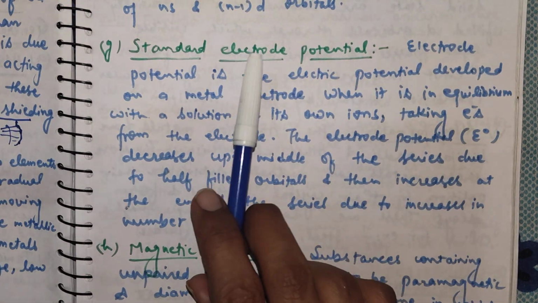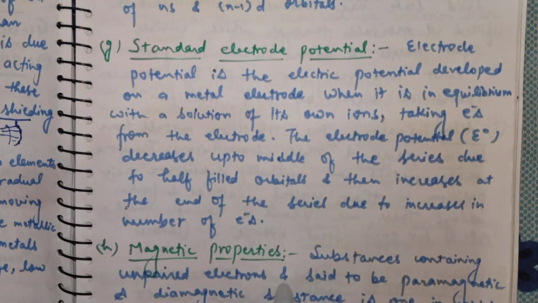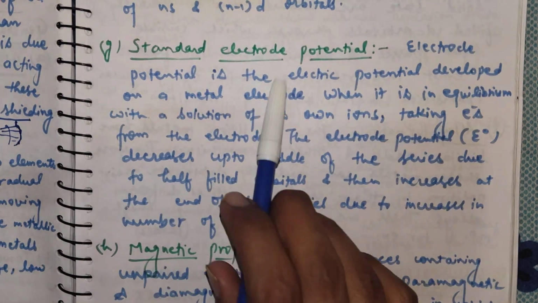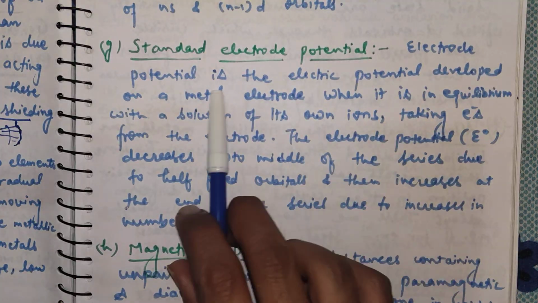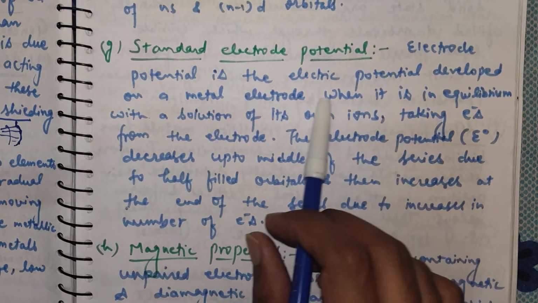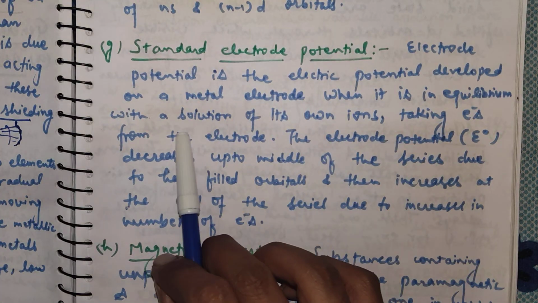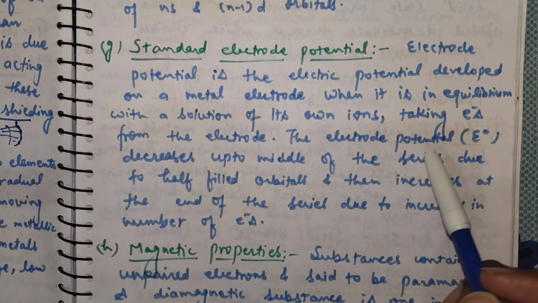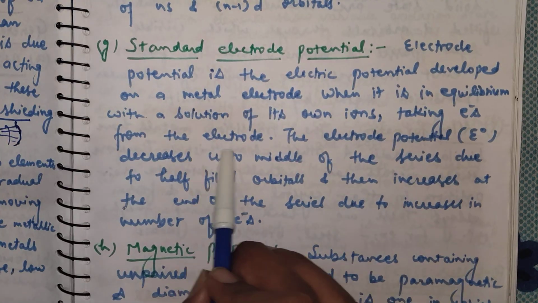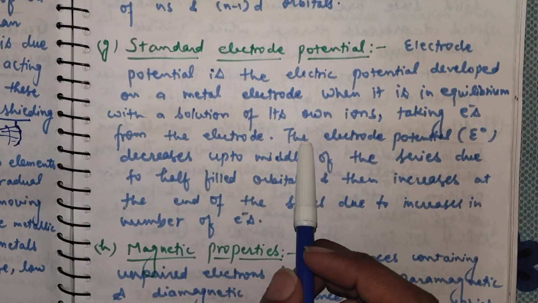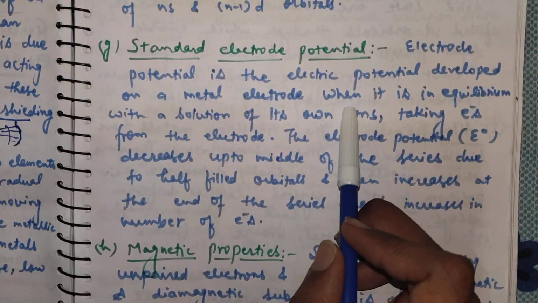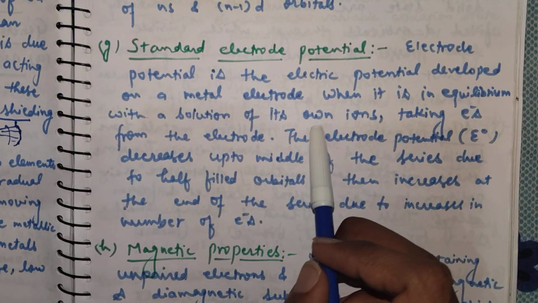Now come to the next point, standard electrode potential. This is represented by E naught, and we generally study it in the electrochemistry part also. Electrode potential is the electric potential developed on a metal electrode when it is in equilibrium with a solution of its own ions. In a galvanic cell we study two half cells.